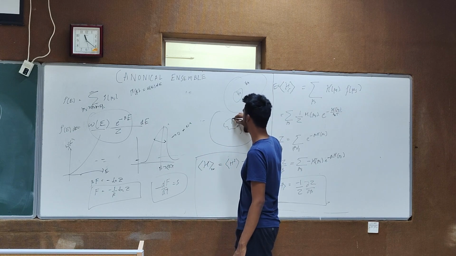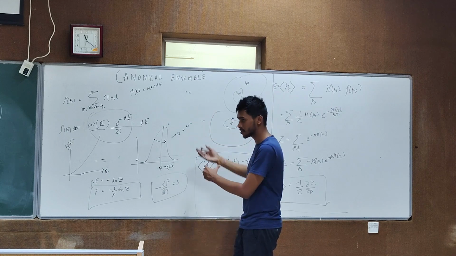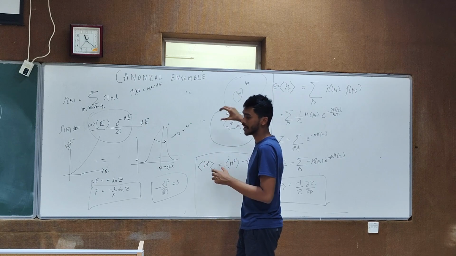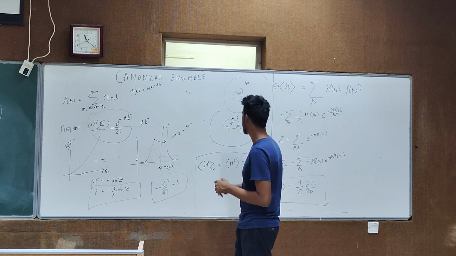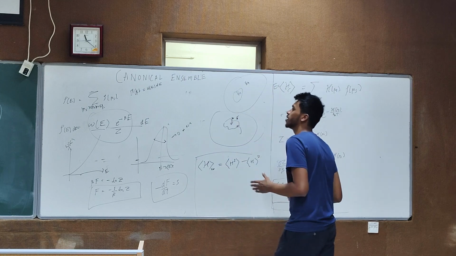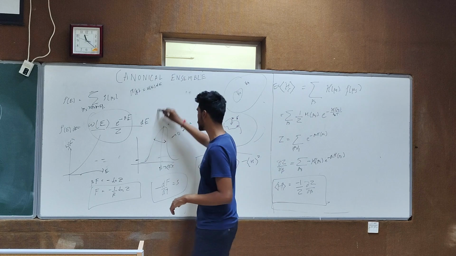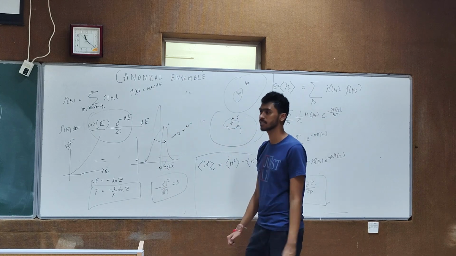So your energy will fluctuate by a large amount, and the ratio of the fluctuation to the energy would be large. But if you have a large system, your energy would fluctuate less, and this would become more sharply peaked as you increase n.